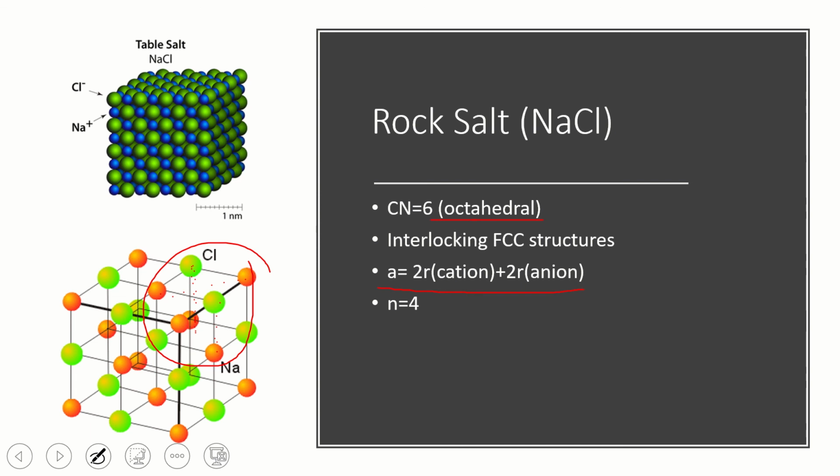In the case of rock salt, it is 2 times the radius of the cation, which in this case is sodium, plus 2 times the radius of the anion, which in this case is chlorine. The total number of atoms inside of this crystal structure is 4.